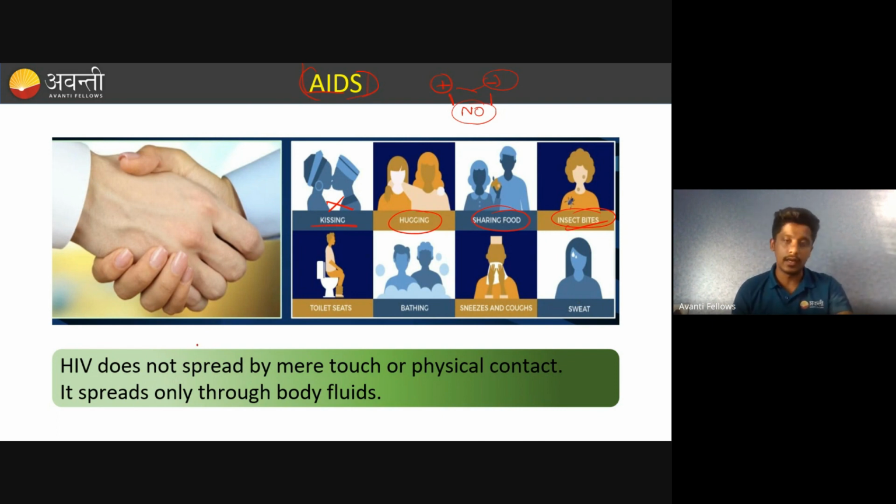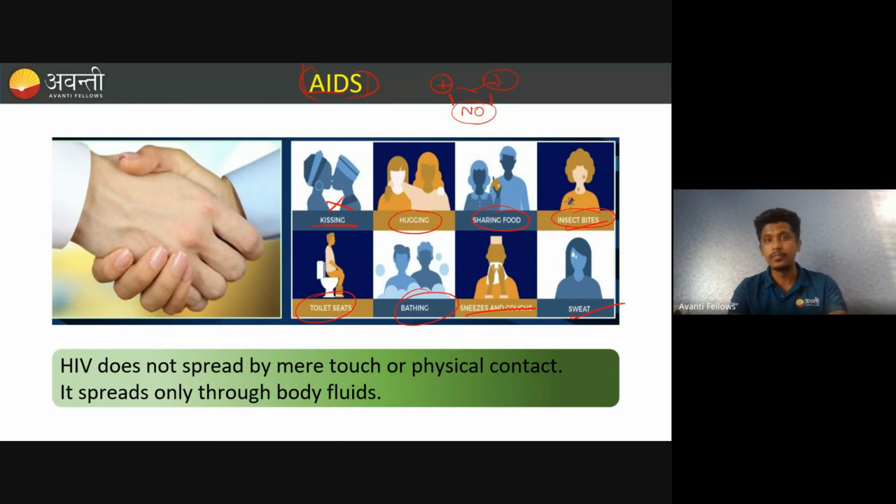If you share the toilets, so I use a public toilet, do I get AIDS? No, you don't get AIDS. Next one is bathing. Even if an infected person has bathed together with you, or you use the same water, you cannot get AIDS. Next one, sneeze and cough. If an infected person just sneezes on you, or if you touch an infected person, do I get AIDS? No, you don't get AIDS. Next one, sweat.